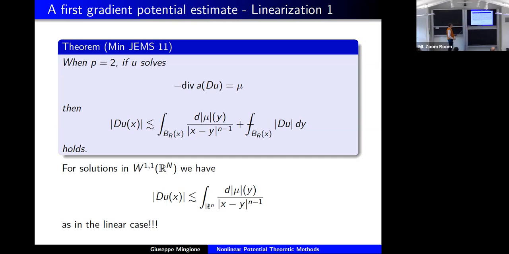So for instance, if you want to know when the gradient is bounded, you just look at when this is bounded, and then you're done. If you want to know when Du is in a certain space, that is Calderon-Zygmund theory, you know the mapping property guaranteeing that the potential sends you into this space.